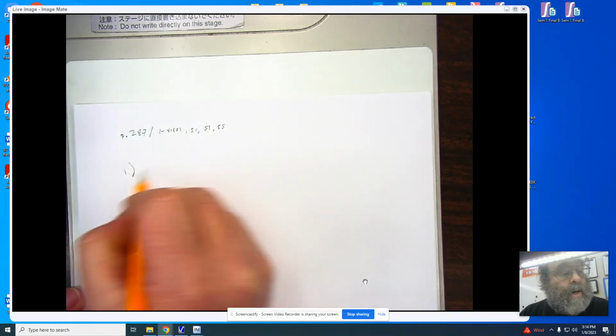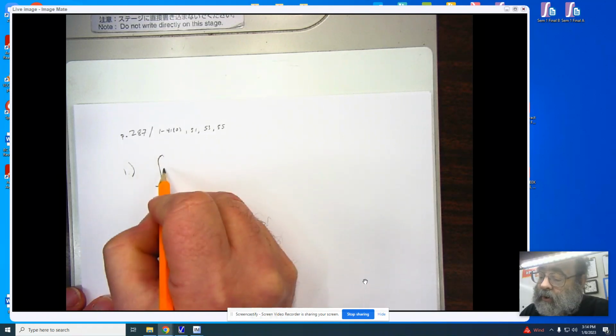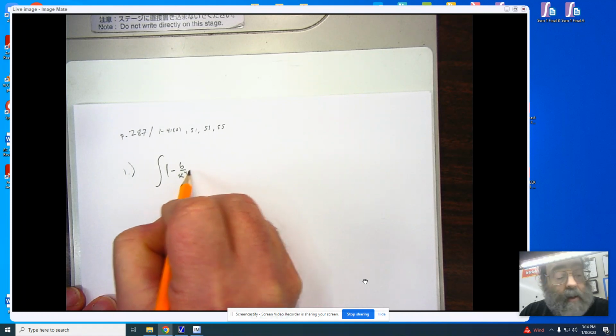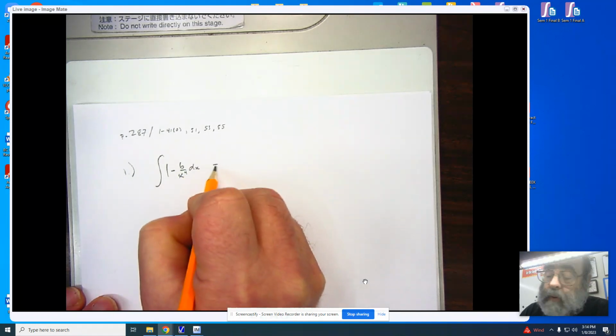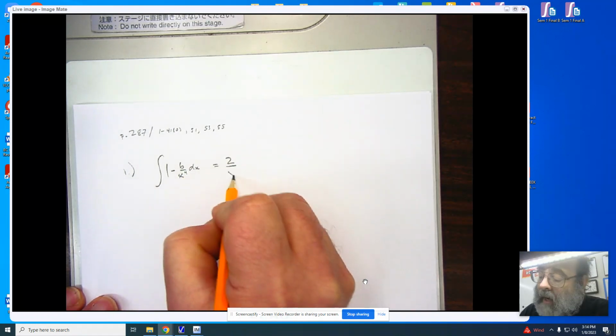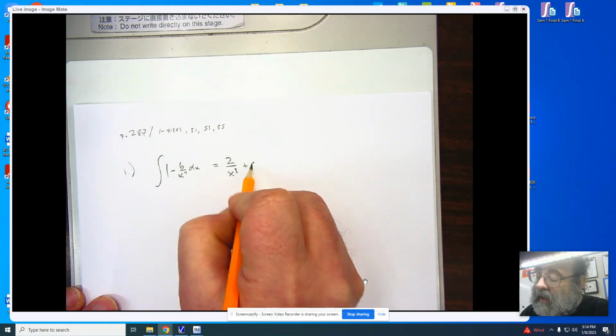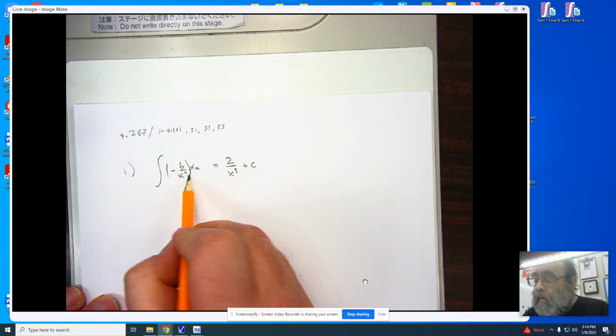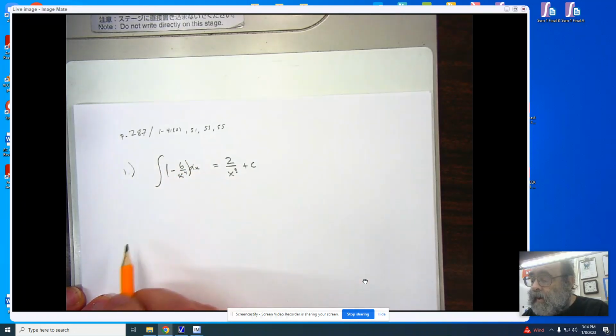You'll notice number 1 in your book, you have the integration of negative 6 over x to the 4th dx equals 2 over x cubed plus c. And our goal is to show that this piece right here, when integrated, will equal this one.